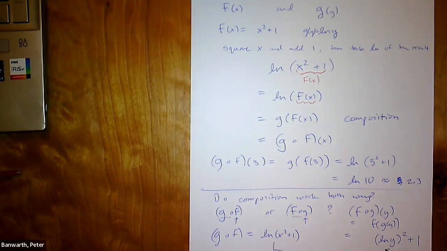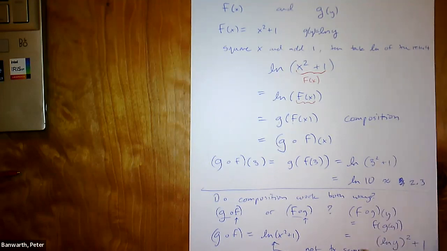And you can see these are definitely not the same, for a couple of reasons. First of all, this is first doing natural log, then squaring and adding 1. This is squaring and adding 1 and then doing the natural log. The other reason that I find important is this function takes a certain set of inputs, which are not necessarily the same as the inputs that go into this function.